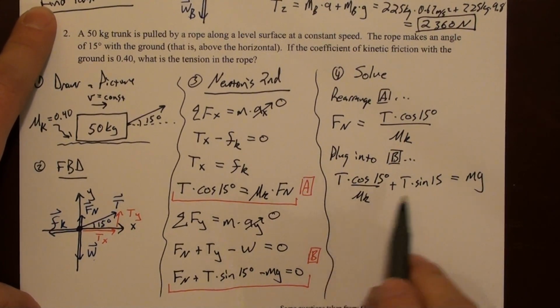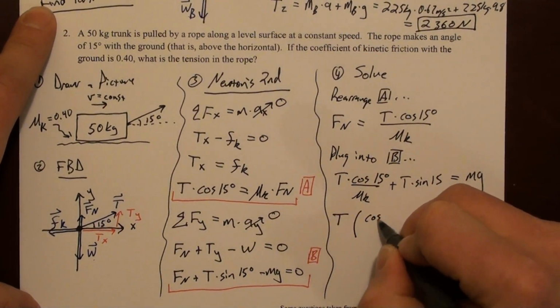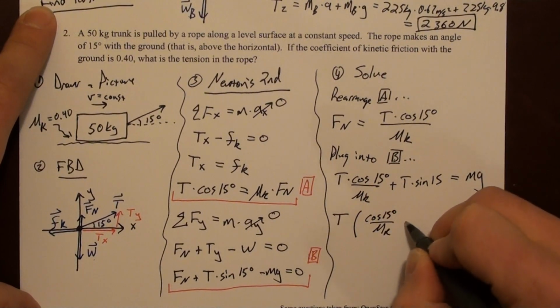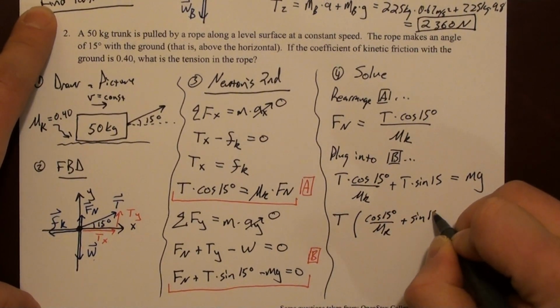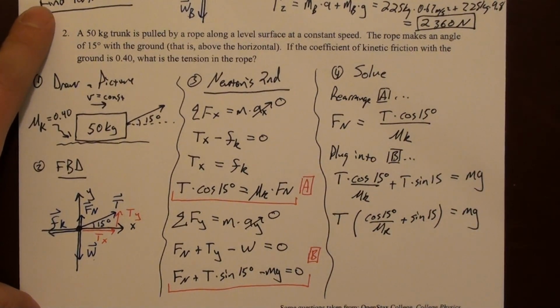And it looks like I can factor out this T here. So I have T times cosine 15 over mu sub k plus sine 15 equals mg. Now it looks like it's pretty obvious.